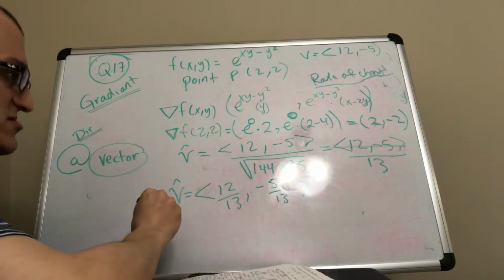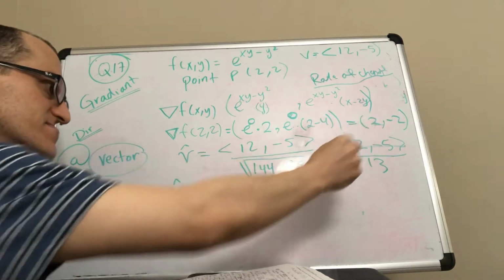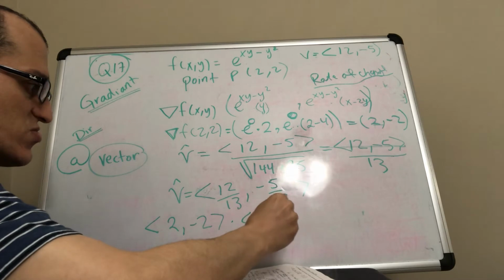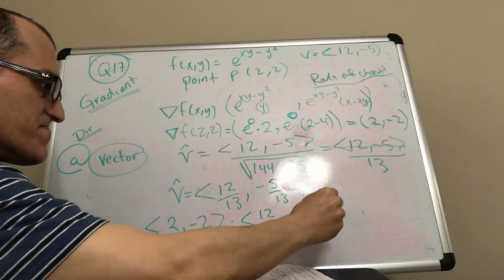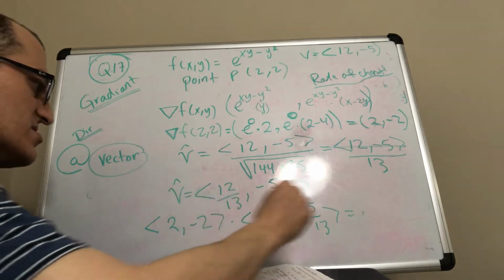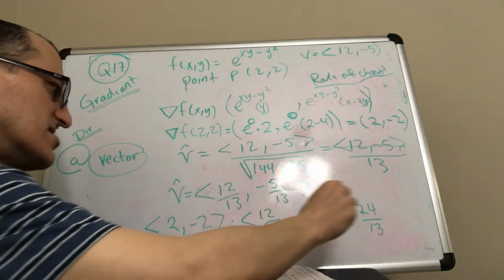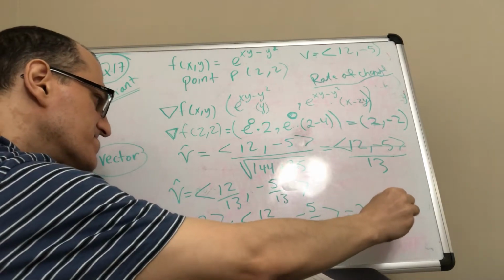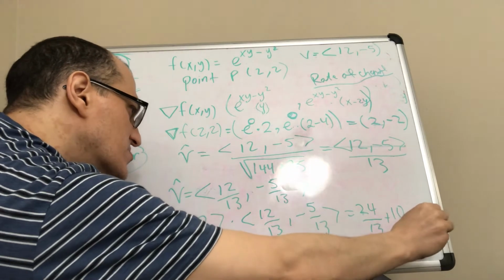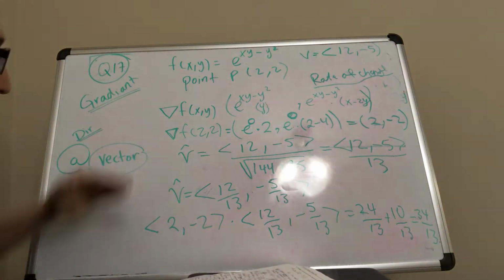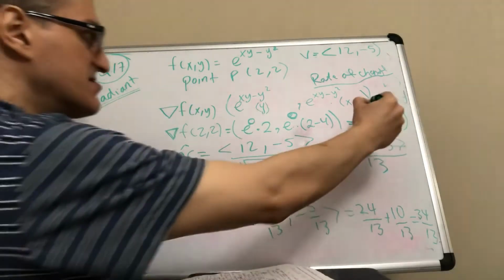If you want to do the gradient of what we found in the direction of the vector, it's just dot multiplication. 2, -2, which is this, times 12 over 13, -5 over 13. 24 over 13, plus 10 over 13, 34 over 13. So after you find the derivative and the gradient at the point, this is a vector, of course.